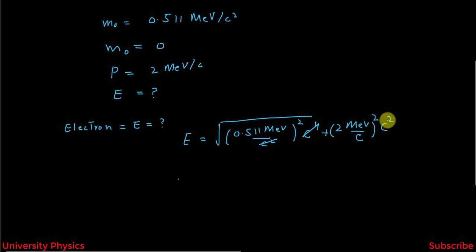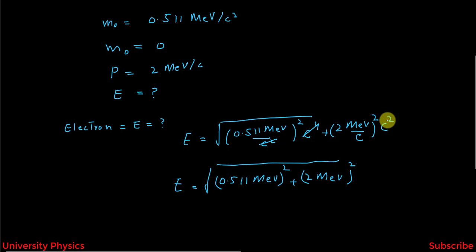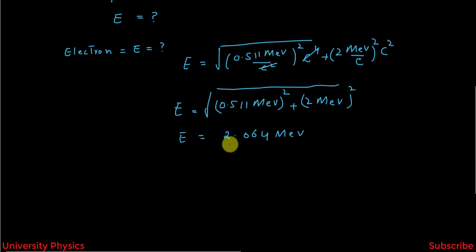After that we will get E is equal to under root of 0.511 MeV whole square plus 2 MeV whole square. After adding these terms, we will get E is equal to 2.064 MeV. So the total energy of the electron is 2.06 MeV.